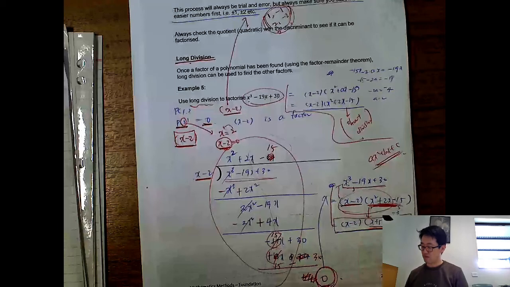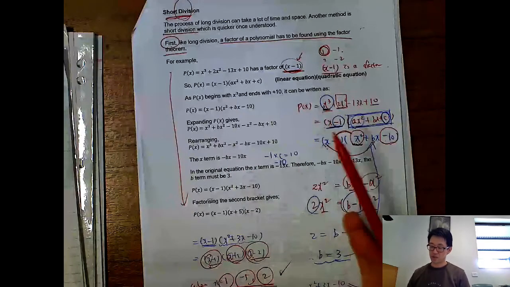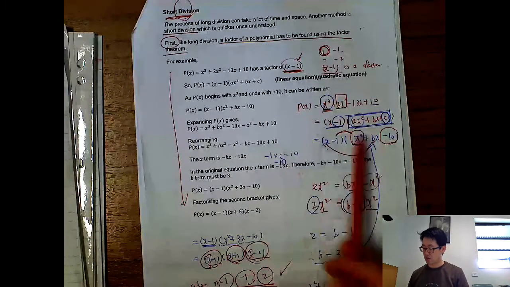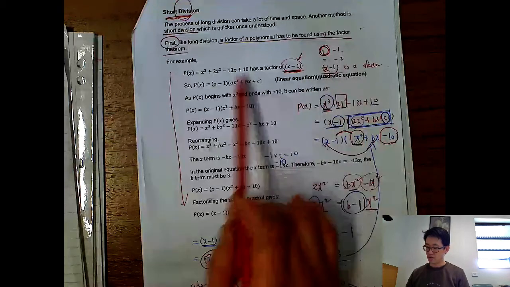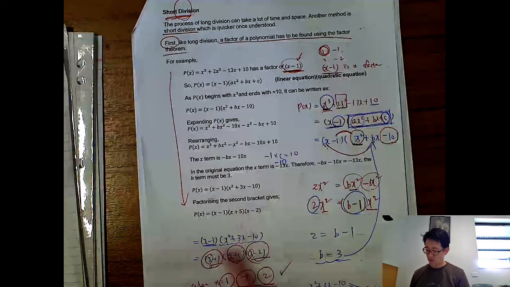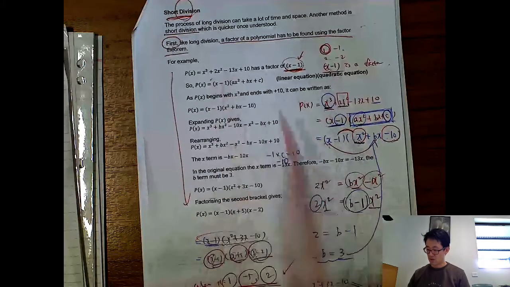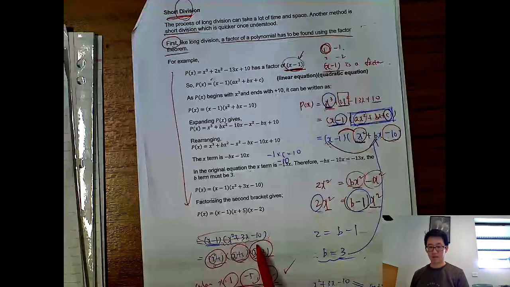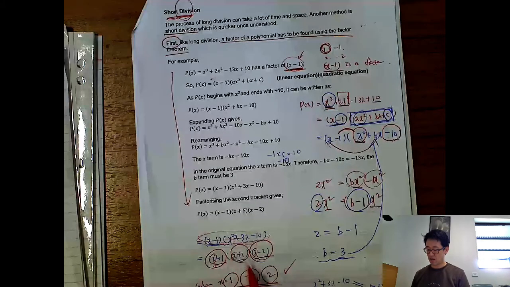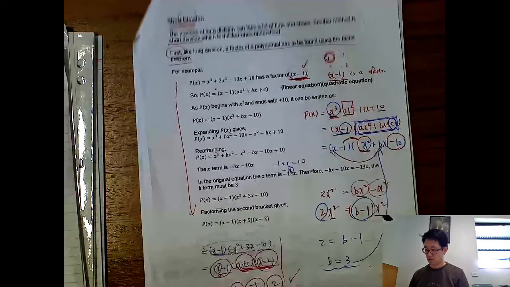It is the same. But with short division, if a factor is given, you use that. Otherwise, you go and find one by trial and error. You find one factor, and then you can compare the original equation with what you just made, and then you can go further factorizing. So you can get that.